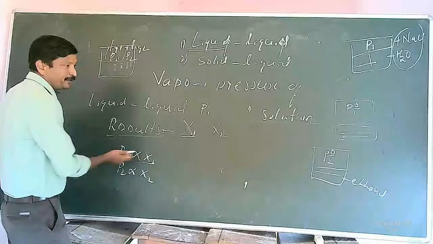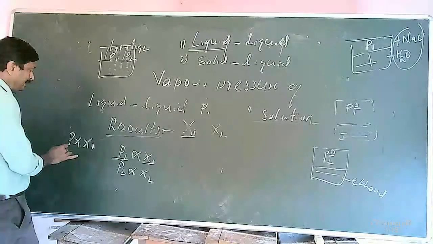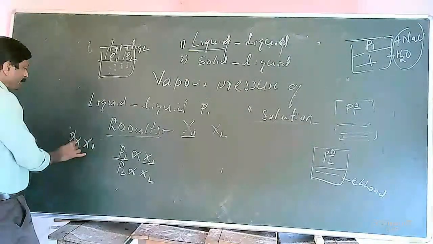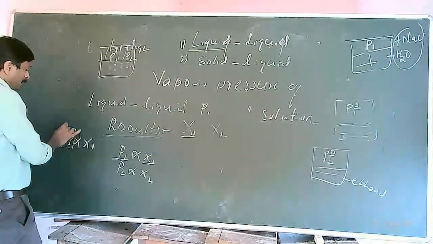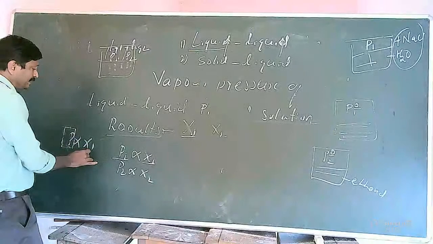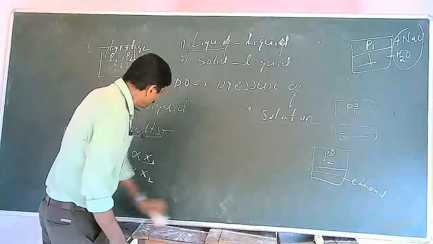We have seen a similar expression in Henry's law. How do you write it? P is directly proportional to x. Here P is the partial pressure of the gas in the vapor phase, directly proportional to its mole fraction.